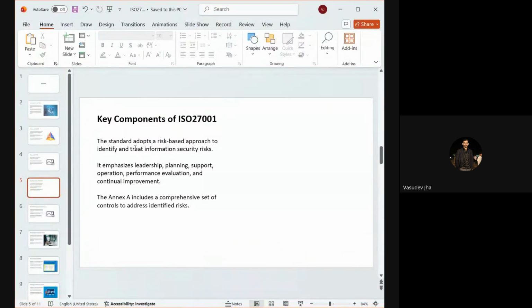The standard adopts a risk-based approach to identify and treat information security risks. It emphasizes leadership, planning, support, operations, performance evaluation, and continuous improvement. And the Annex A includes a comprehensive set of controls to address identified risks.